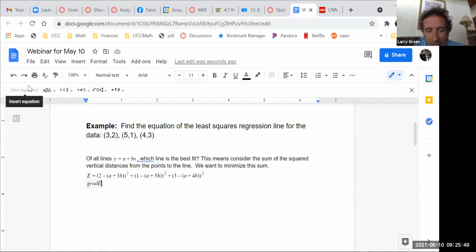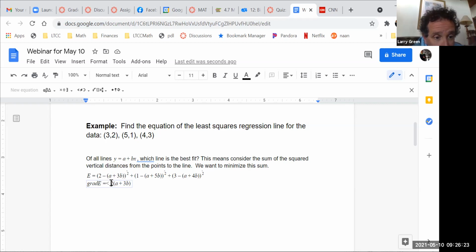So the grad E is equal to, well, we need to take the partial derivative with respect to A first. And that is going to be, by the chain rule, 2 times 1 minus (A plus 3B). Oh, no, sorry about that.